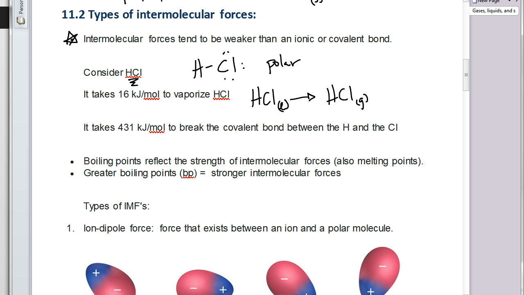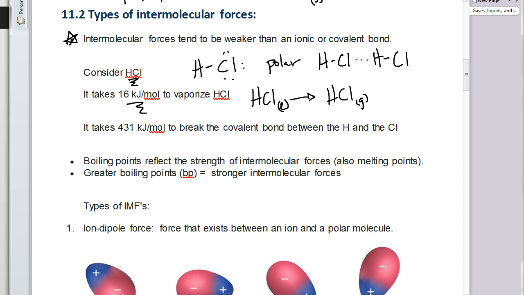What we are doing is overcoming the intermolecular force between one HCl and another HCl. That force is due to the slight negative charge on the chlorine and the slight positive charge on the hydrogen. When we vaporize it, we just overcome that intermolecular force. It's very low, 16 kilojoules per mole, so it really doesn't take much heat to vaporize.